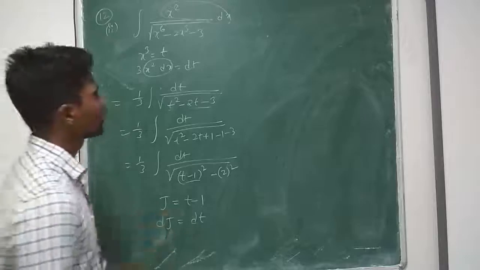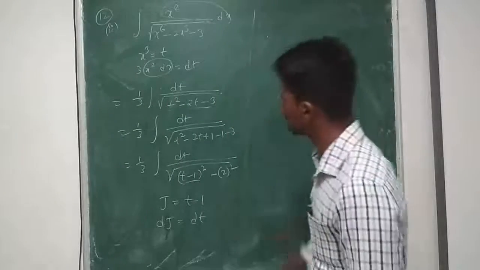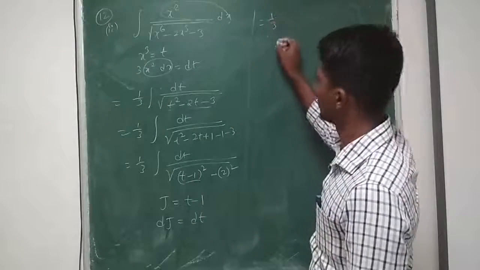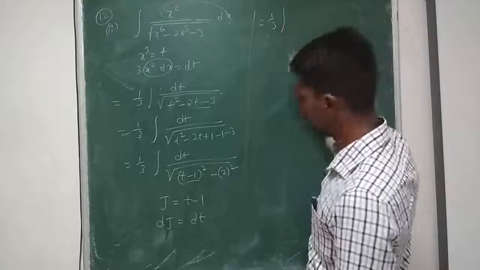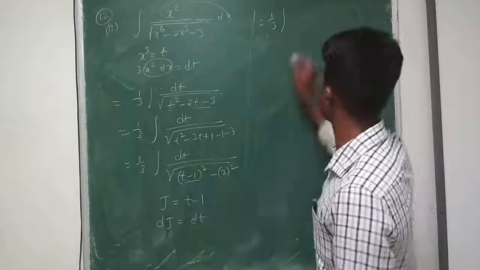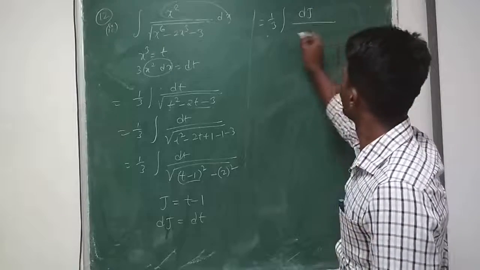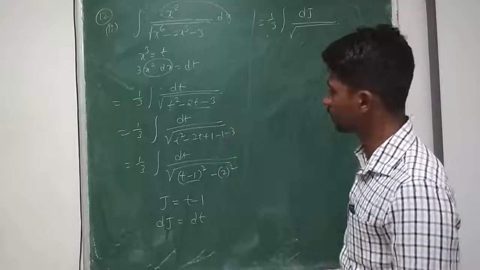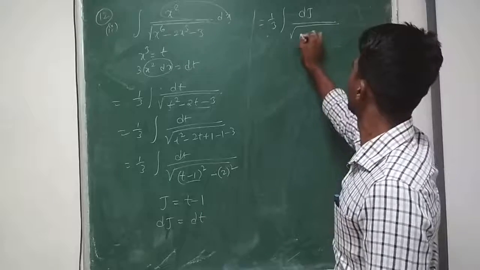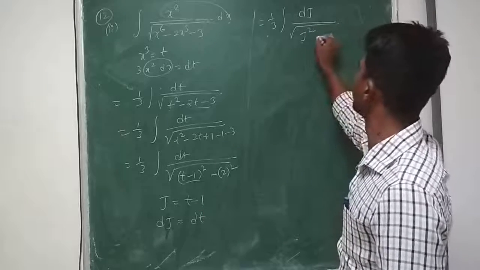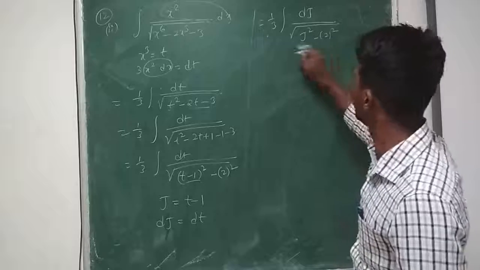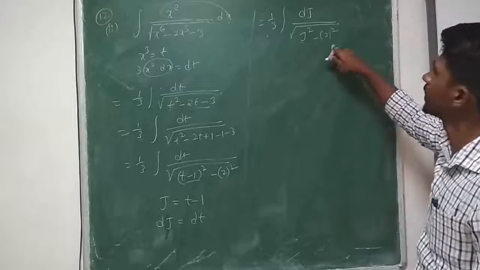Okay, so start replacing. If I replace, this will be equal to 1 by 3 integral, dt replaced by dj, by root over j square minus 2 square. It is like root over x square minus a square.